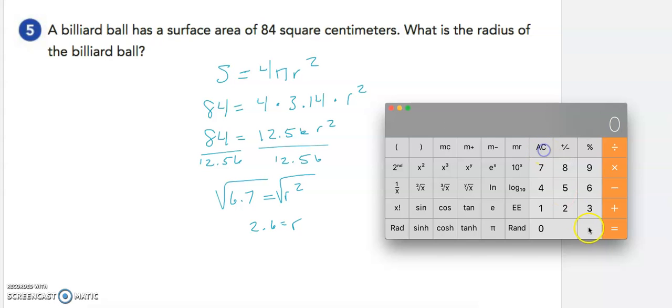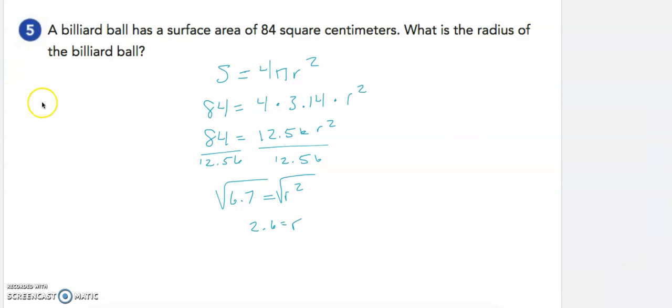However, if I took 84 divided by 12.56 and then rounded it to 6.7, the square root of that gives us 2.58. It's the same thing every time. I don't know what I did there. I should erase this, but I'm not going to. So that's the answer, 2.6. Anyway, moving on. It's embarrassing.